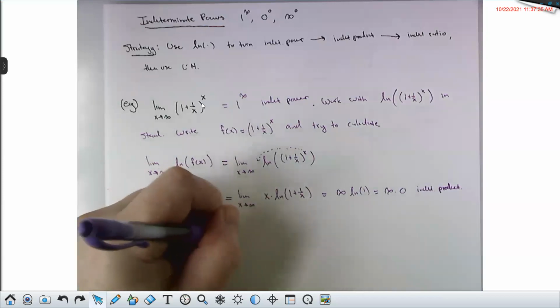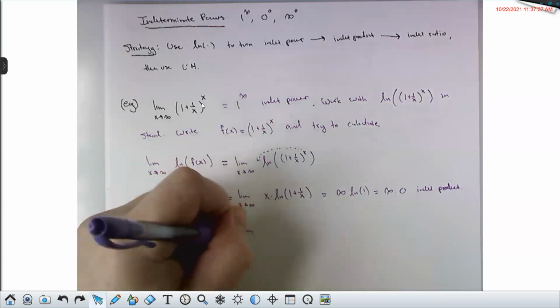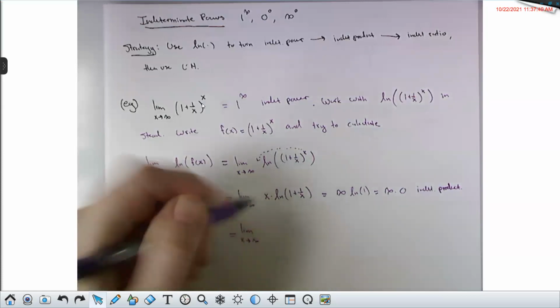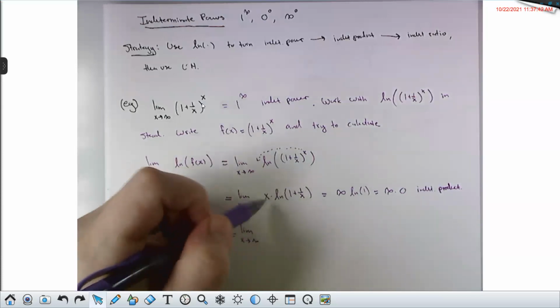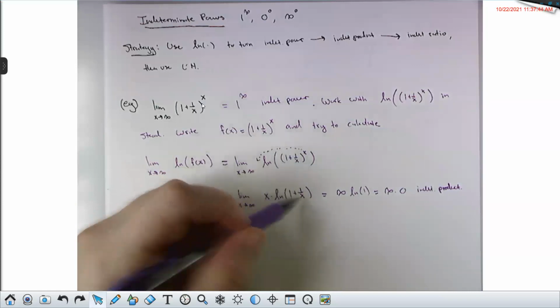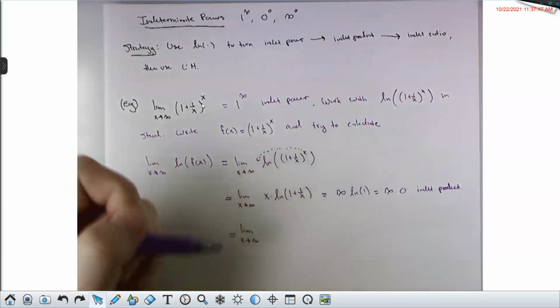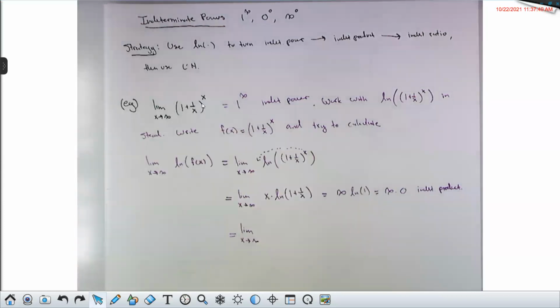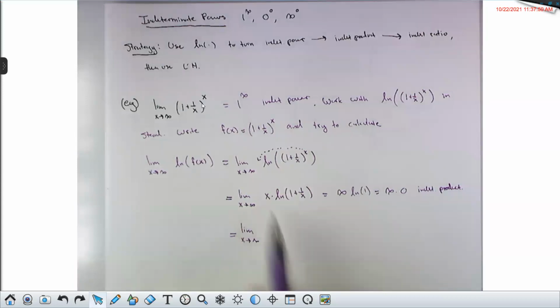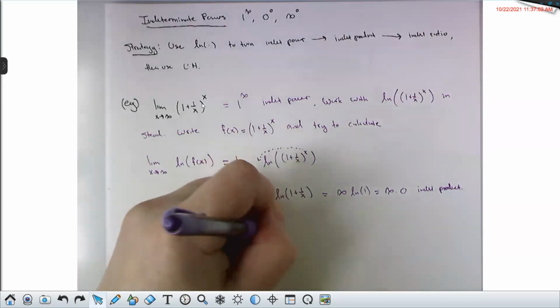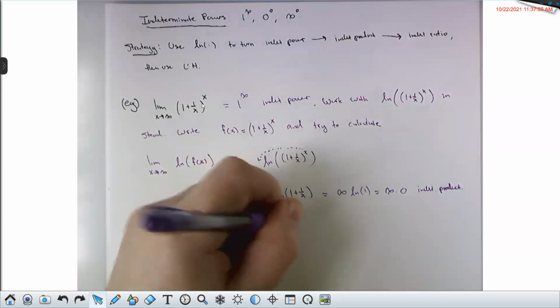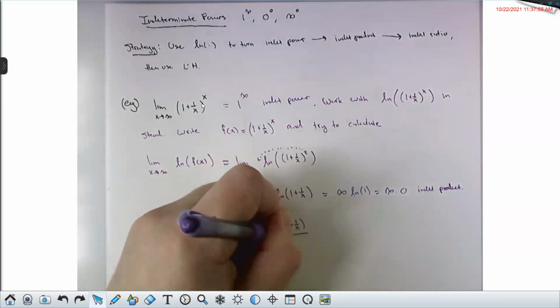And the way we handle the indeterminate product, remember, is to take one of these two pieces, either this x or the natural log of 1 plus 1 over x, and shove it downstairs as its reciprocal. And again, my suggestion is to take the simpler guy downstairs. So I would rewrite this as the natural log of 1 plus 1 over x divided by 1 over x.